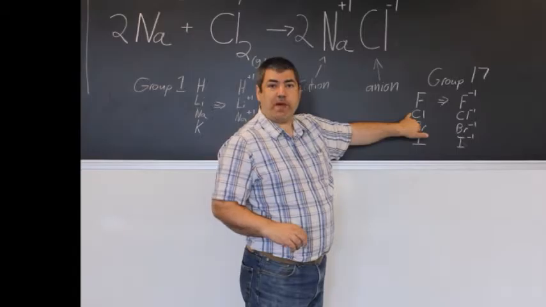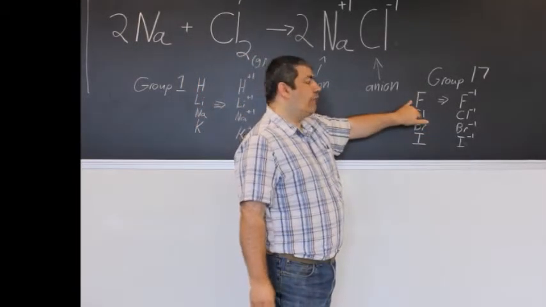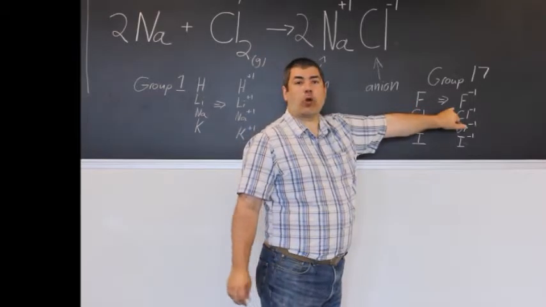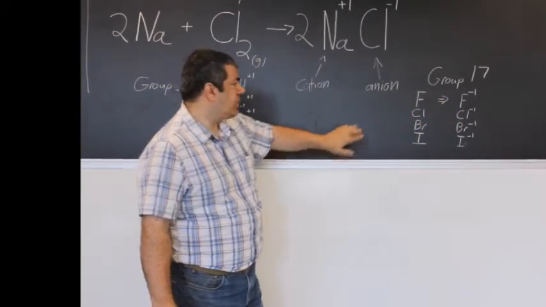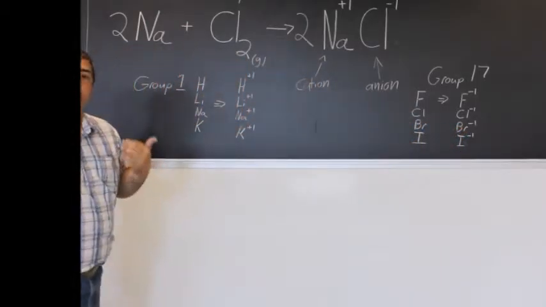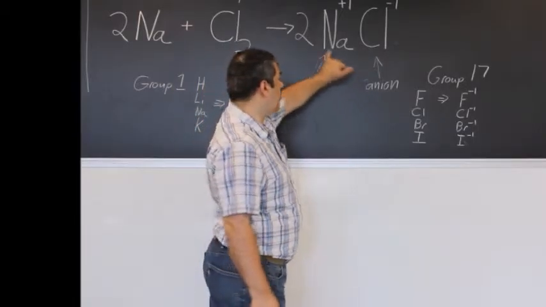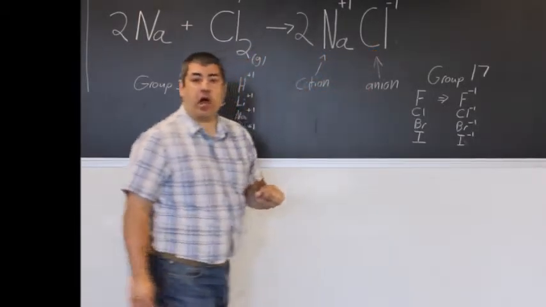But for the non-metal, for the anion generating species, fluorine becomes fluoride, I-D-E. Chlorine becomes chloride. And that's so in our nomenclature, we know which is the cation and which is the anion, which is the metal, which is the non-metal.